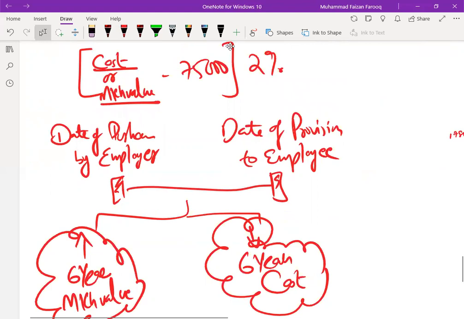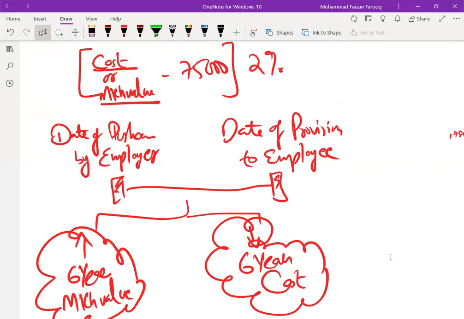While we calculate the additional benefit, in the formula is written cost or market value. So till now, we did questions where only cost was available, so we were taking cost. But what if cost and market value are both available in one question?